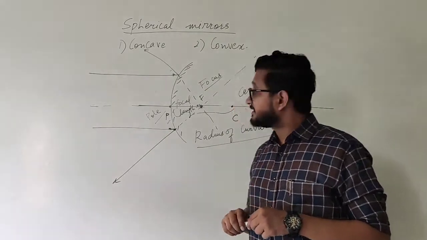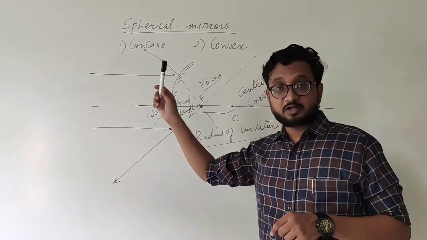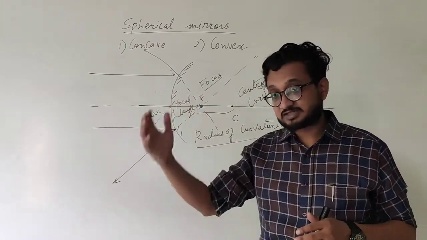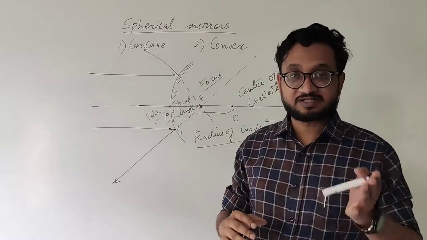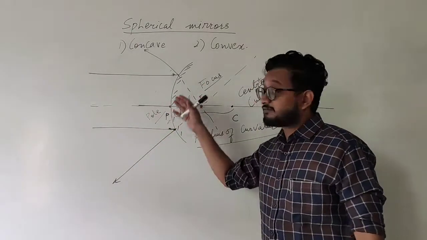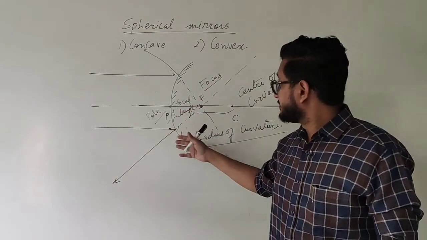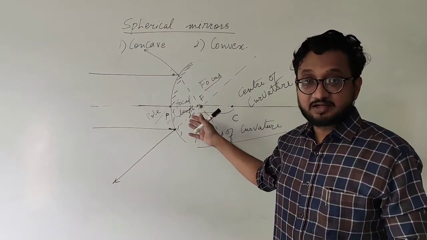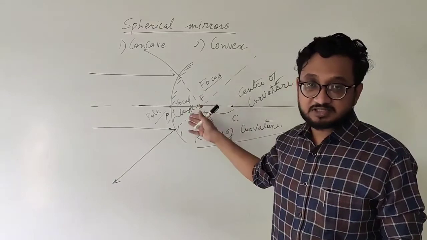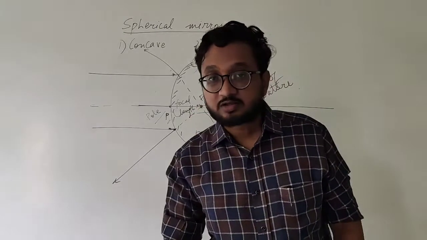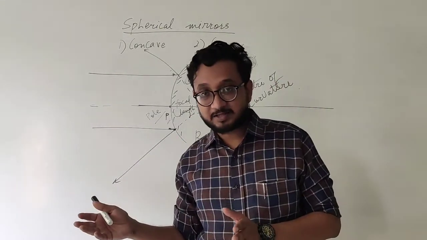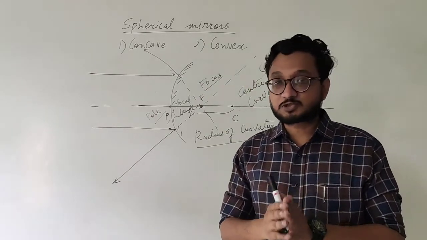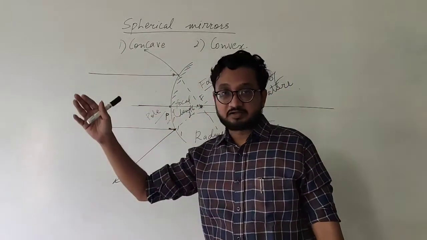So we studied many things today: concave mirror, convex mirror. Convex mirror has shiny surface outside, concave mirror has shiny surface inside. Okay, and for concave mirror, the focus point is real, the light converges at a point, and for convex mirror, the focus point is virtual, behind the mirror, where the light seems to meet because the light is actually diverging.